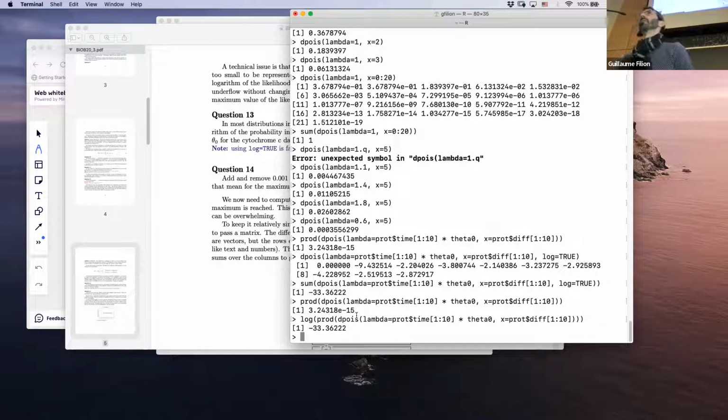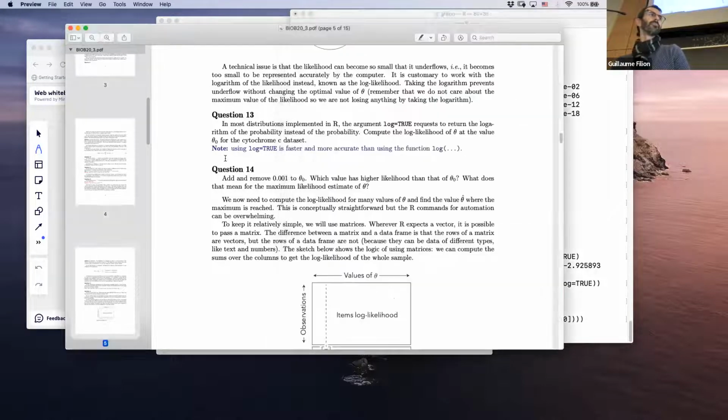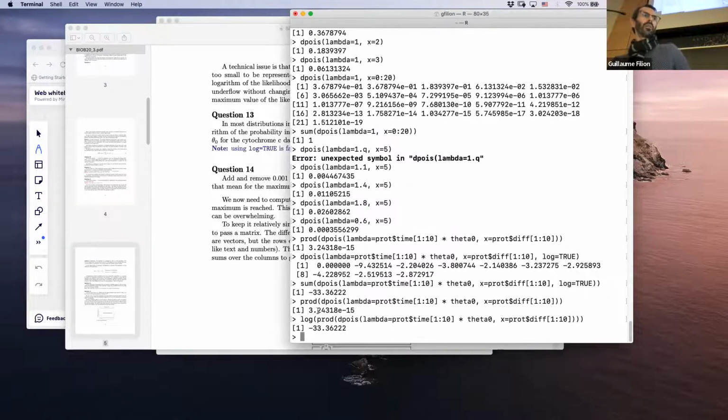We're doing the same operation here, except that in one case, I compute the logarithm directly inside the probability, and then I need to sum them to compensate for the fact that I take the log first. In the second case, I first do the product, then I take the log. Okay, compute the log likelihood. So now the log likelihood is this one, minus 33.36. That fits on Quarkus easily. So that's the answer, minus 33.36222.